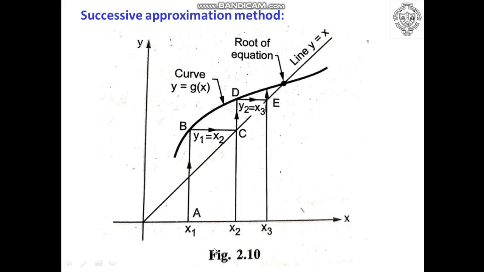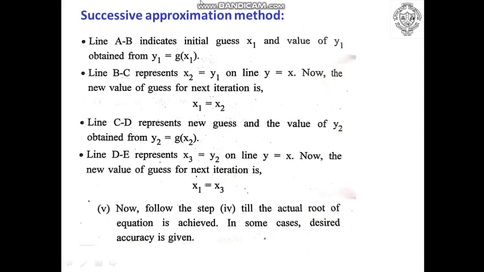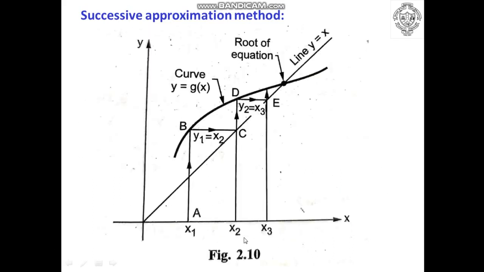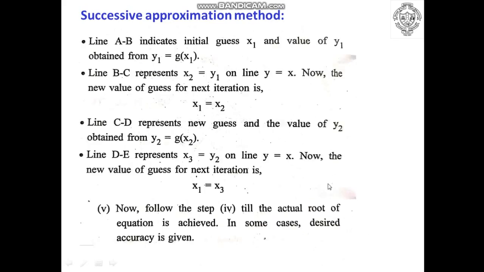But it is very important to know that the value of x1 must be selected in such a fashion that this procedure, if we follow, converges towards the exact root. I am going to explain the divergence of this method, if you select a wrong value of x1, in the next slides. The procedure which I have explained here is described in this particular slide.